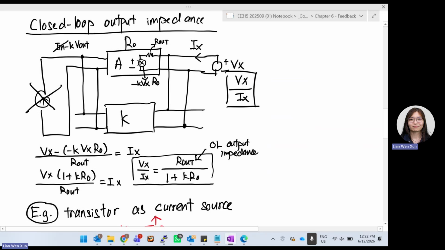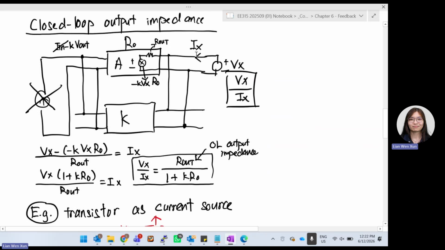We know that this output will basically be negative K times your Vx voltage, multiplied by R naught, because here we ground it already. So it will be negative K, times whatever voltage comes in, which is Vx, and then my gain is R naught. So this becomes a source in series with this R out. Now this is your model for the closed loop output impedance.